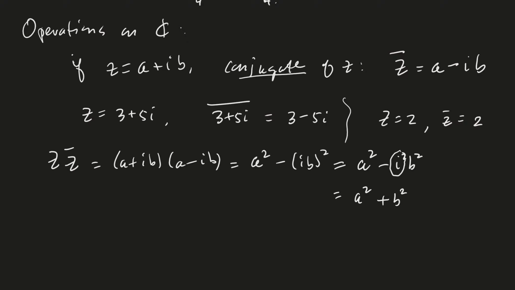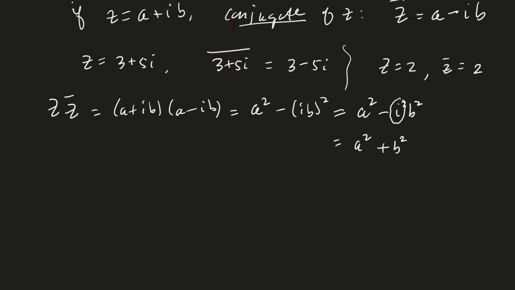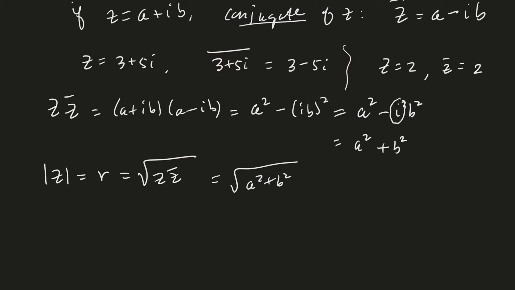And so one way of writing the magnitude of z, which is your r, is to write it as the square root of z times z bar. Good. Which is the square root of a squared plus b squared. All right.